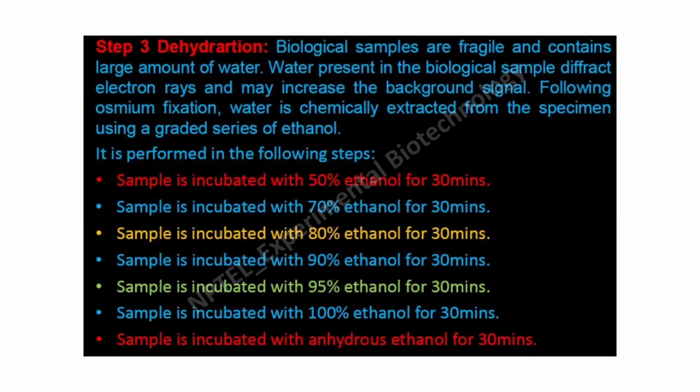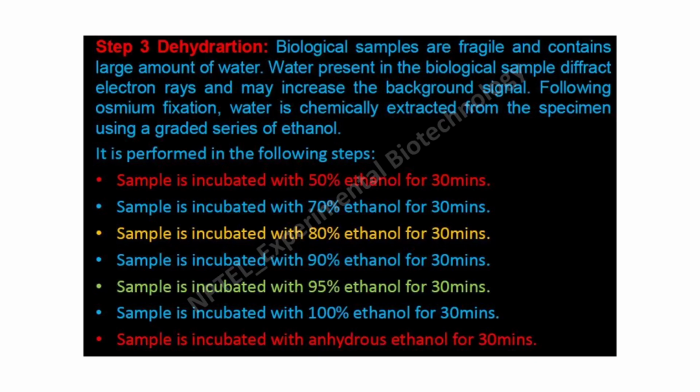Ethanol is a hygroscopic molecule, so it can absorb water. But we cannot directly add 100% ethanol to the sample. We need to slowly increase the concentration of ethanol. So basically we have to give a gradient concentration of ethanol. Biological samples are fragile and contain a large amount of water.